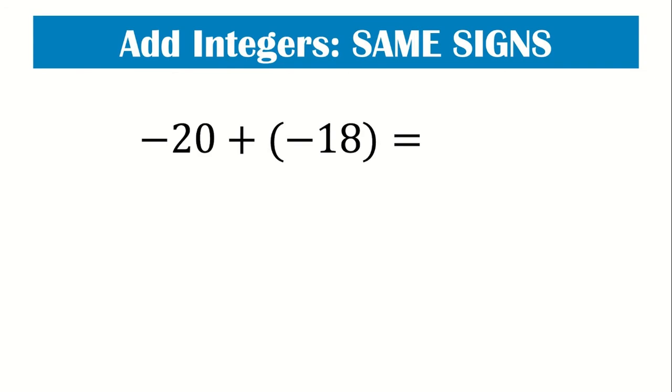How about -20 plus -18? They have the same signs, right? Both are negative. That means you need to add the absolute value of the two numbers, which is 20 and 18. 20 plus 18 is 38.